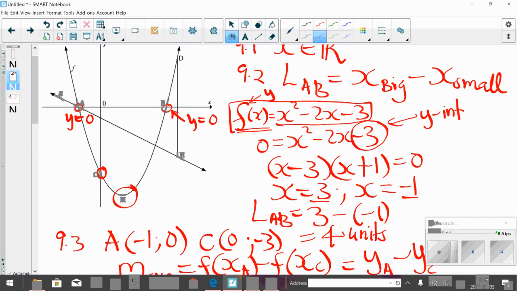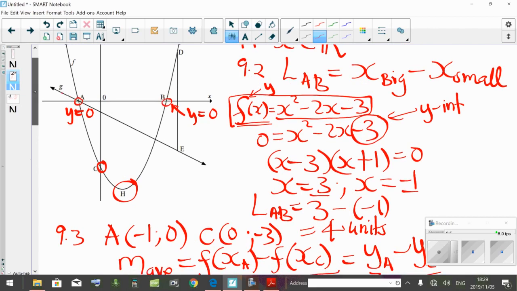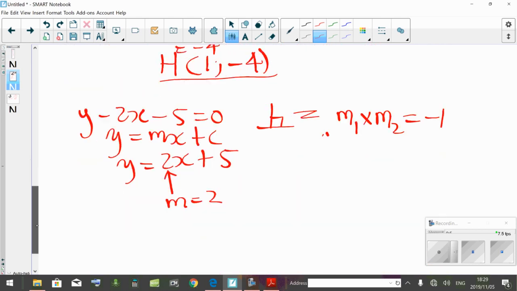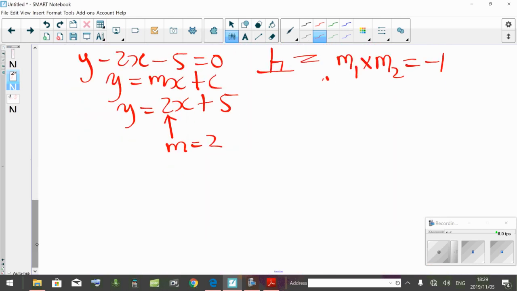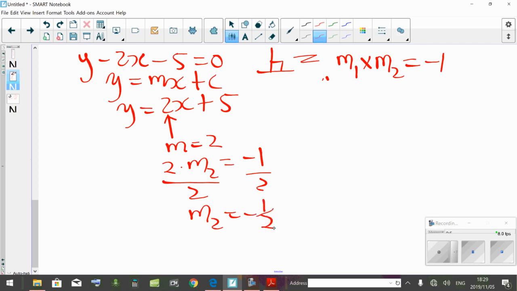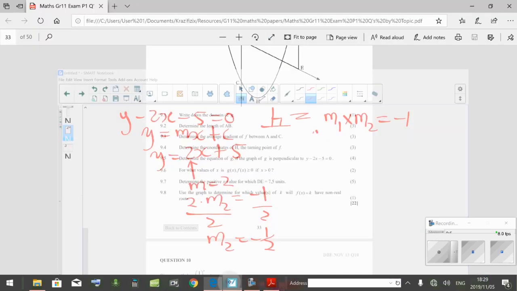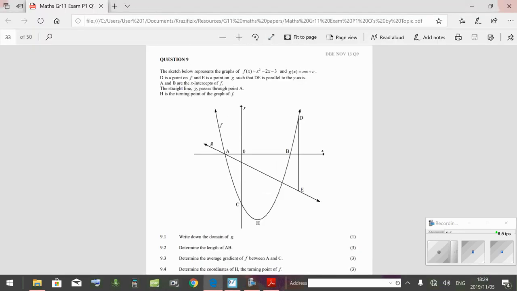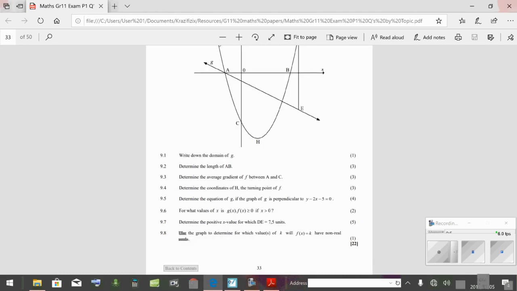So our line G is perpendicular to the line we're given, and I need to calculate the gradient of G. To do that, we say 2 multiplied by m2 equals -1. We divide both sides by 2, and we get m2 is -1/2. This is the gradient of G. So that's our m.